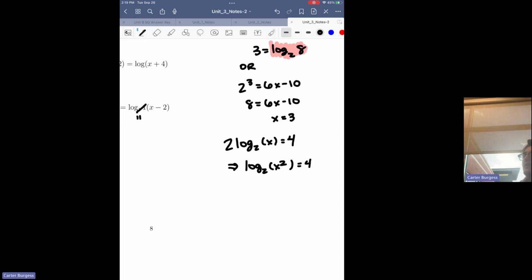And then how could I rewrite this as an exponential expression? How could I solve for x here? Very good. So 2 to the 4th is equal to x squared, which is equal to 16. And what are the 2 values of x that I get where x squared is equal to 16?